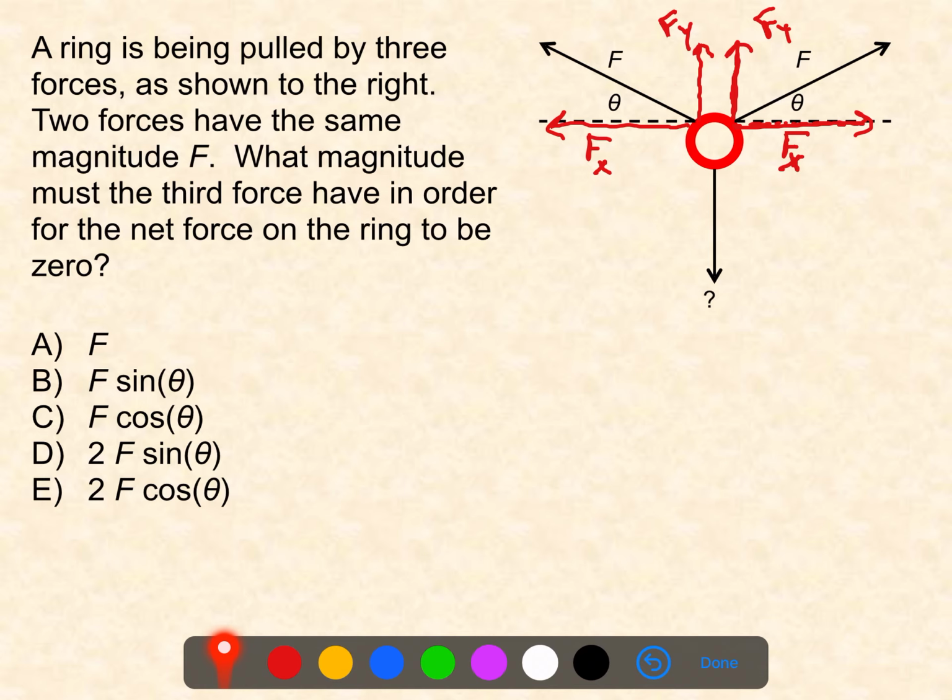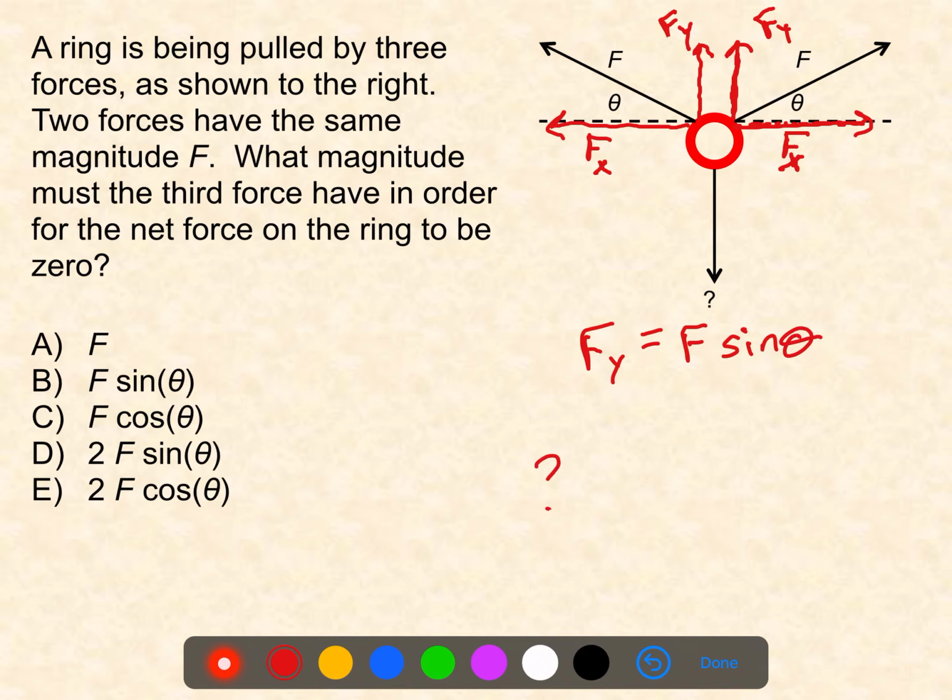Okay, well, that's just a matter of resolving my vector into its component, because I know that Fy in general, from regular vector properties that we've already discussed, is just going to be the magnitude of the entire vector times sine of theta.